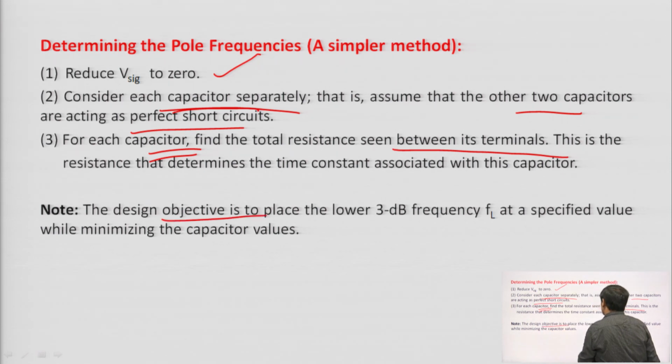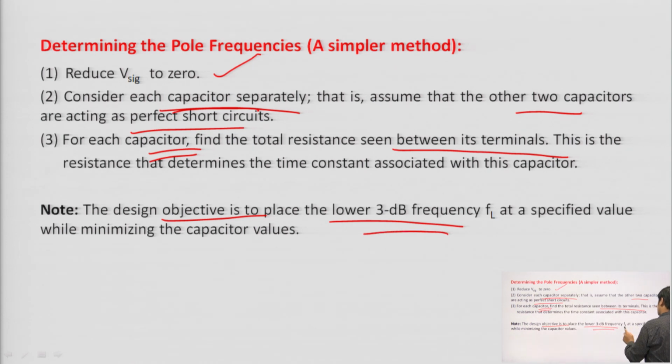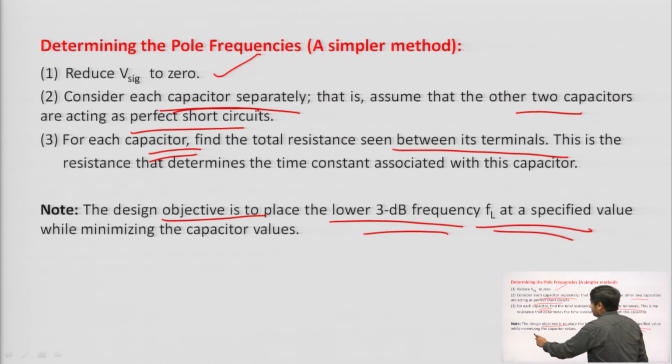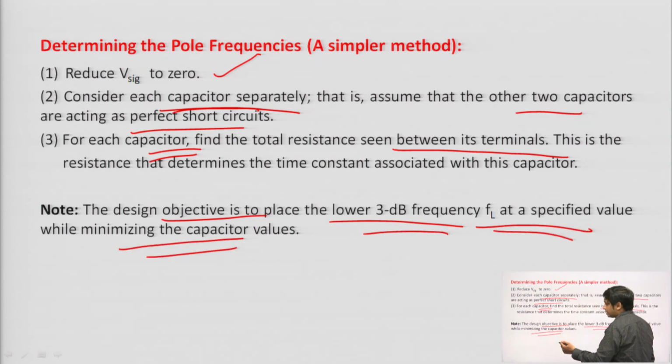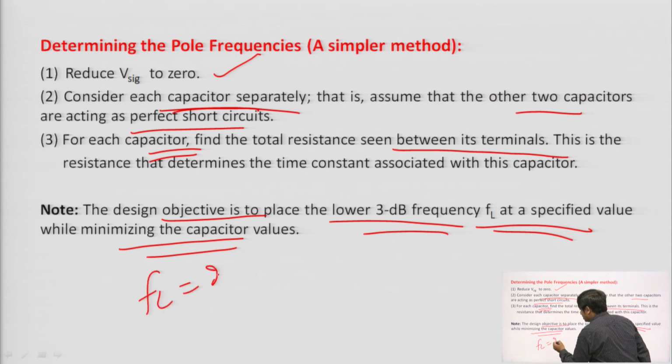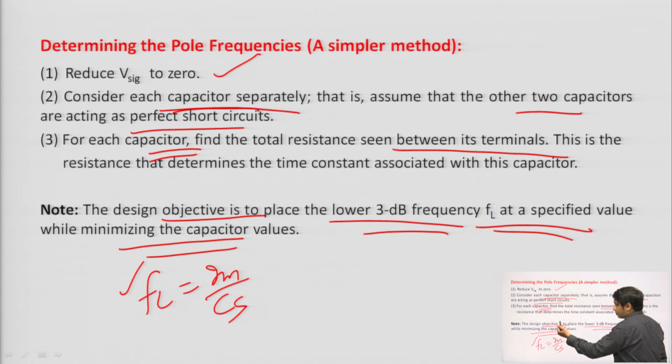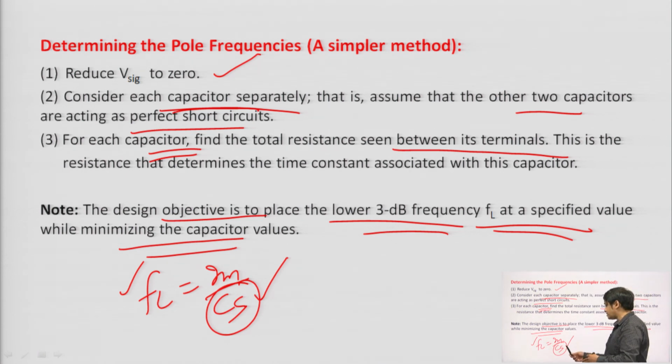The main design objective is to place the lower 3 dB frequency at a specified value while minimizing the capacitor value. We have to be careful, because FL is Gm by Cs. Now, if we decide FL, then corresponding to that we will select the value of Cs, and obviously we want that the value of the capacitor should not be large, because it occupies more area. So, there is a trade off.